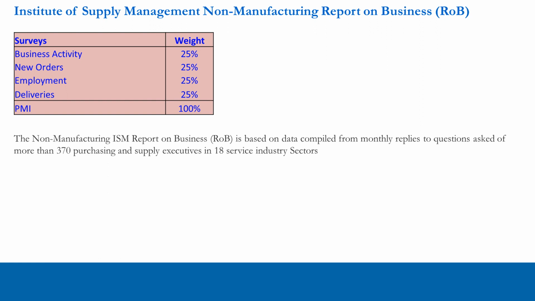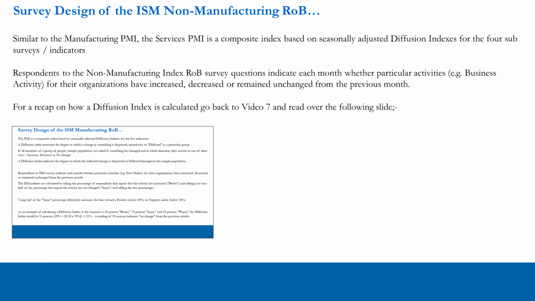Now, in terms of design of the survey, very similar to the ISM Manufacturing Index, we are calculating a diffusion index. So the Institute for Supply Management calculates the service sector PMI as a diffusion index in the same way as the manufacturing index.